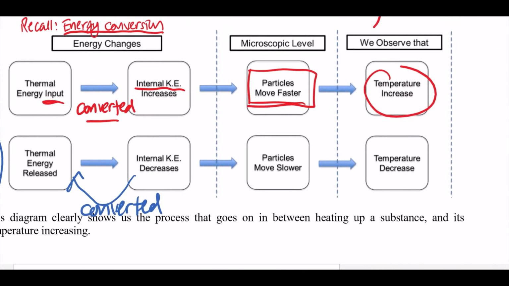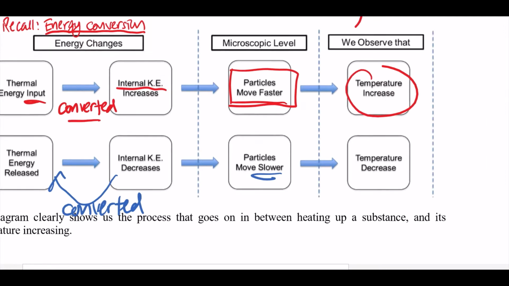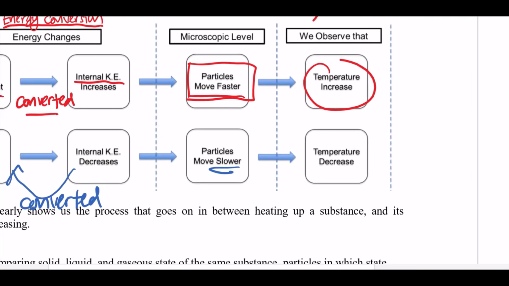Okay, so since the particles lose internal KE, what happens to their motion? They move slower. Yeah, so you lose KE, you move slower. Now of course, again, we don't observe the particles moving slower. We can't see that, but what we can actually see is that the temperature of the substance as a whole decreases.